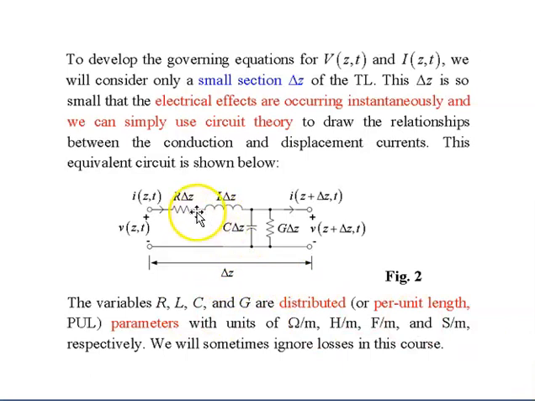That's why you have R delta z, L delta z, C delta z, and G delta z. The variables R, L, C, and G are distributed, or per unit length (PUL), with units of ohm per meter, henry per meter, farad per meter, and siemens per meter respectively. We will sometimes ignore the losses in this course.